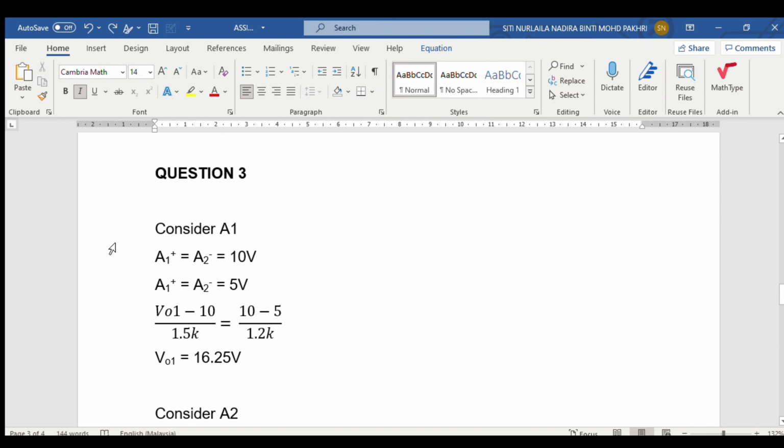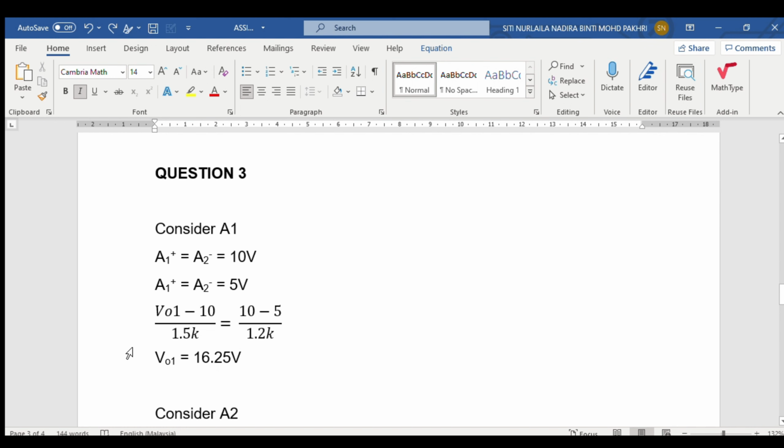First, we need to consider A1. A1 plus is equal to A2 minus, and it is equal to 10 volt. And the second one, A1 plus is equal to A2 minus, and it is equal to 5 volt. This is based on the circuit from the question.